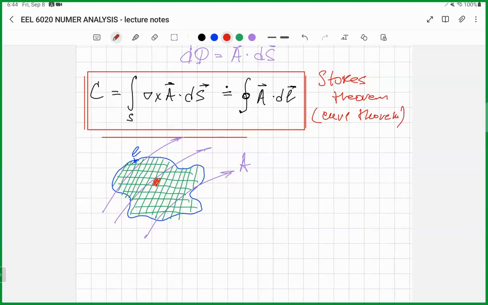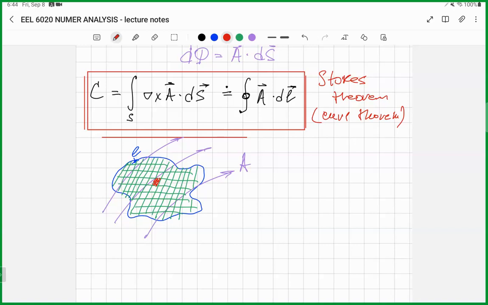So the importance or physical meaning of this circulation is that it is equal, for example, to the electromotive force in circuit theory.